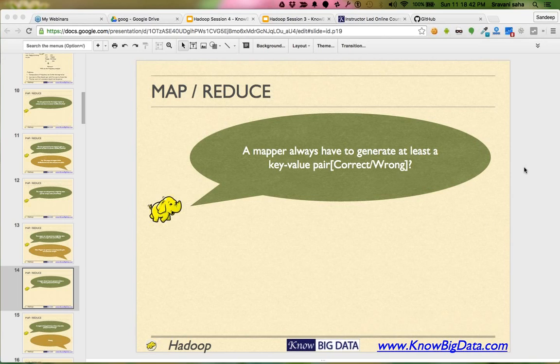So what if, when we were reading the text file in case of the word count problem, our line is empty and we got an empty line? Can we choose not to give out a key value pair? Is it mandatory to give out the key value pair? If let's say we are reading a big text file and we want to ignore certain data, can we just skip it and not give out any key value pair?